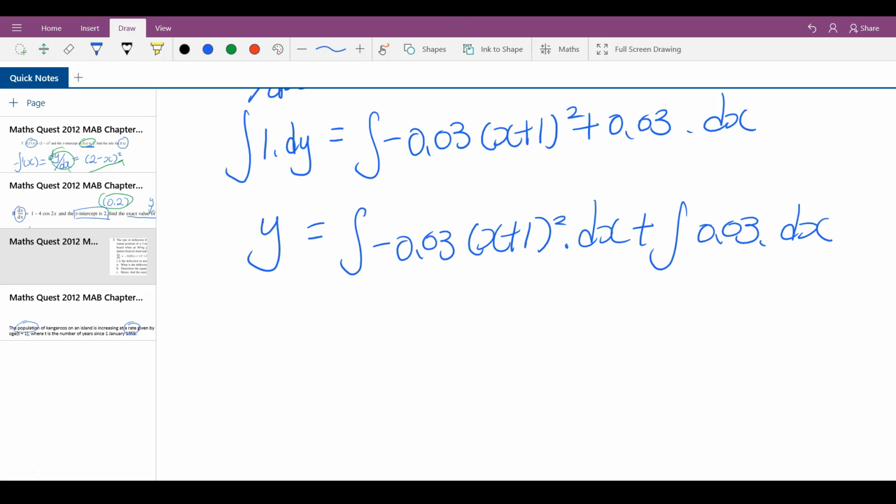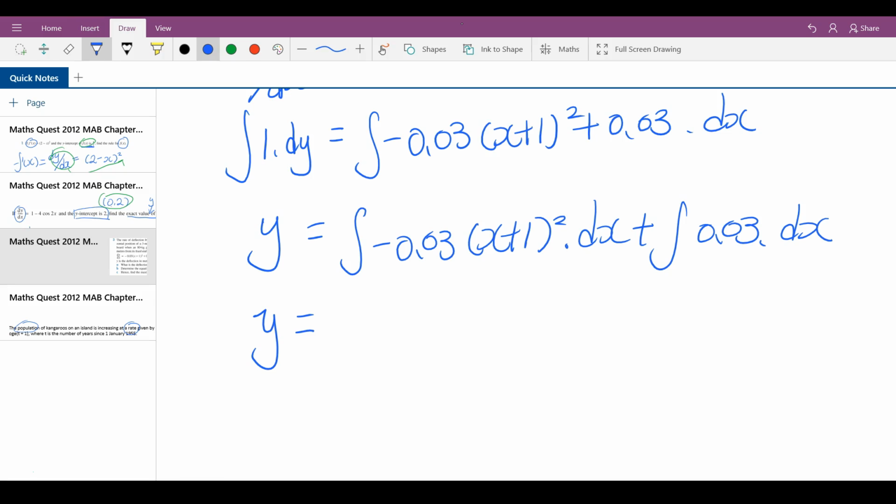But if you are happy to just integrate the whole thing in one go, by all means, go for it. I just want to make sure you see clearly what is actually happening, because sometimes it might help you. So let's integrate it part by part.